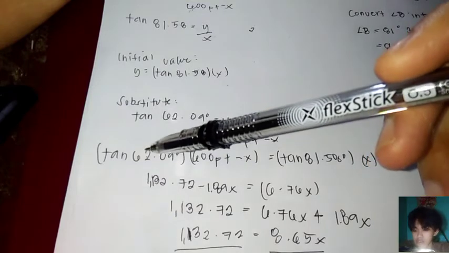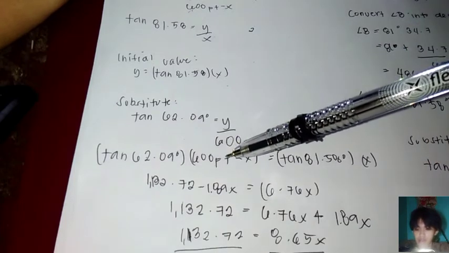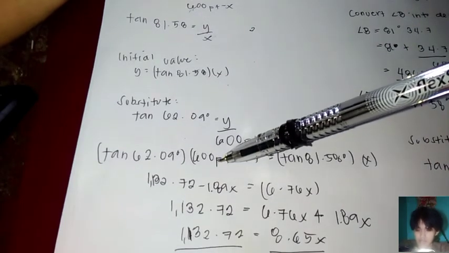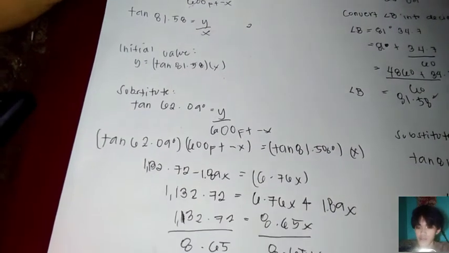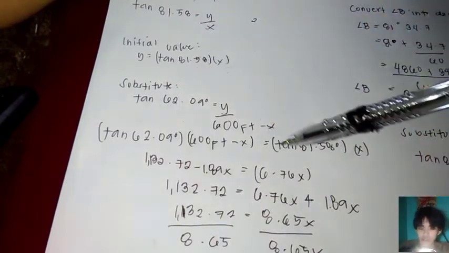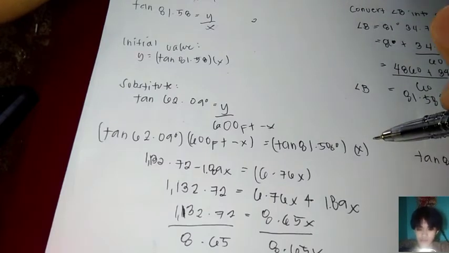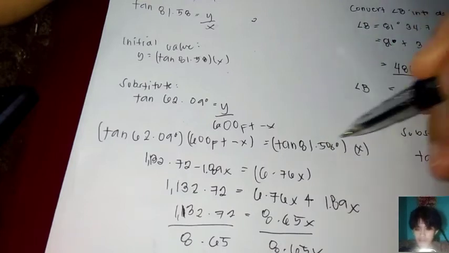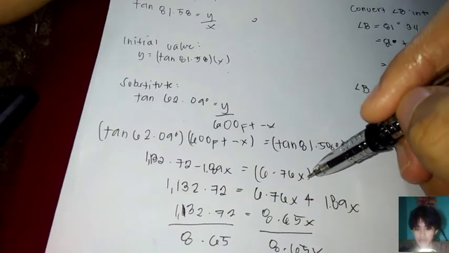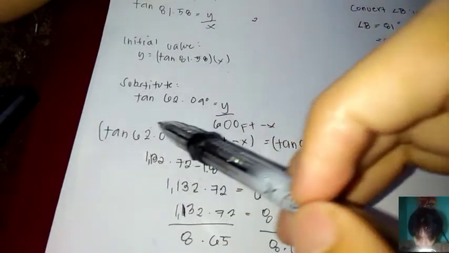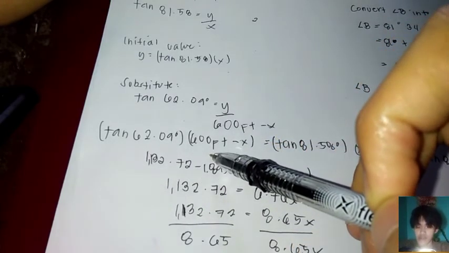So we have here the open and close parentheses of tan 62.09 degrees and the quantity of 60 feet minus x equals to y, which is the tan 81.58 degrees times x. So first we need to multiply this. So we have 6.76x, and let's distribute the tan 62.09 to 60 feet minus x.